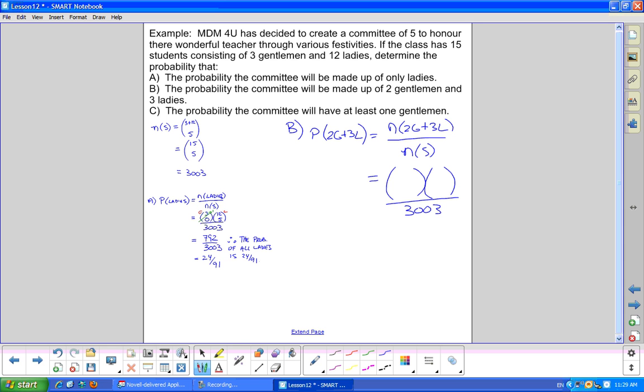Same approach. I know I have 3 men available and 12 ladies available. So 3 and 12 always give me 15. Now I'm just satisfying the conditions. I need 2 gentlemen on this committee, and I need 3 ladies. The bottom again, you're always selecting 5 people for our committee.